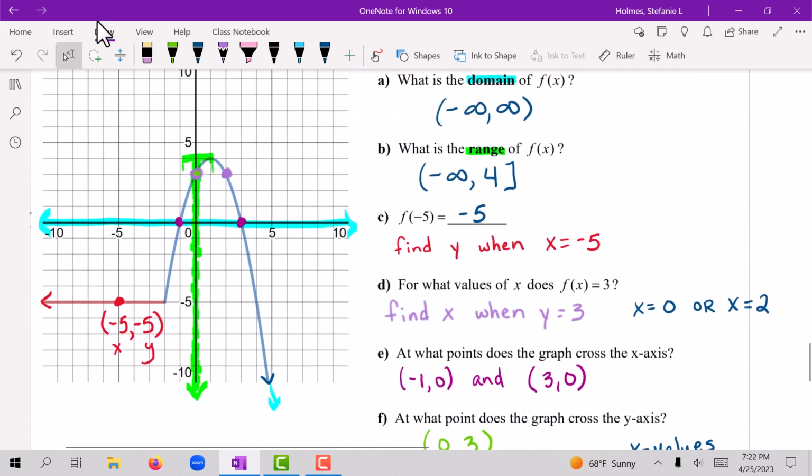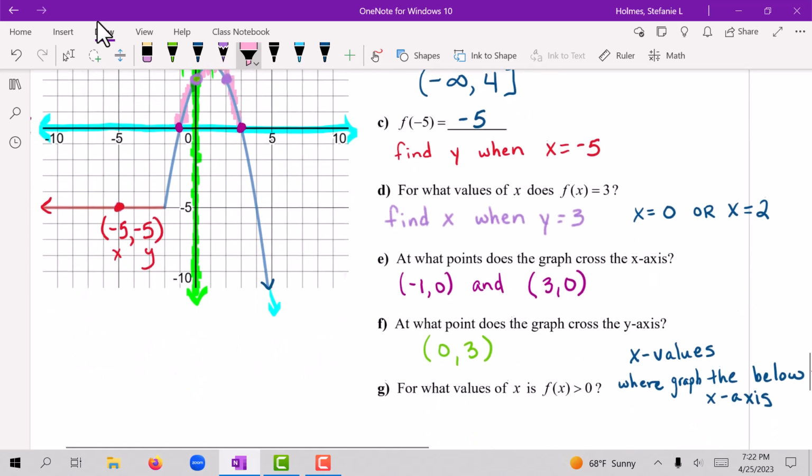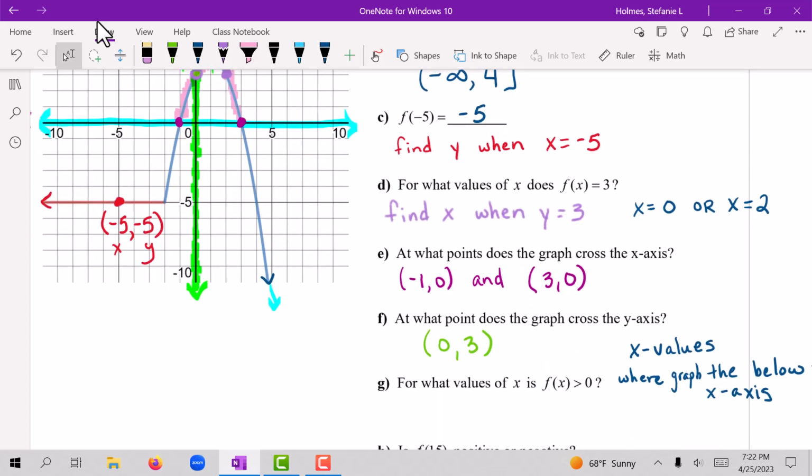Okay, so above the x-axis. Let's try this again. Here's above the x-axis. Do we include those points on the x-axis? Again, no, because they're on the x-axis, not above. So we have a parentheses here and a parentheses there.